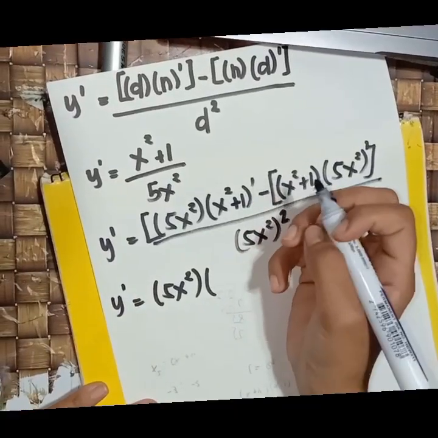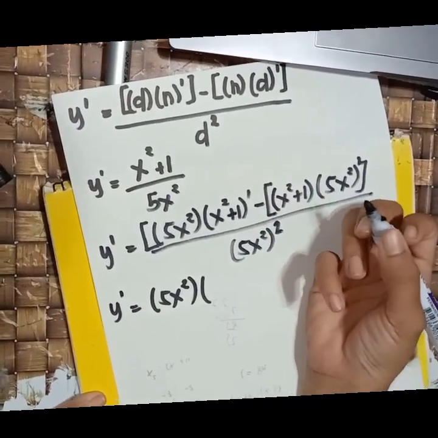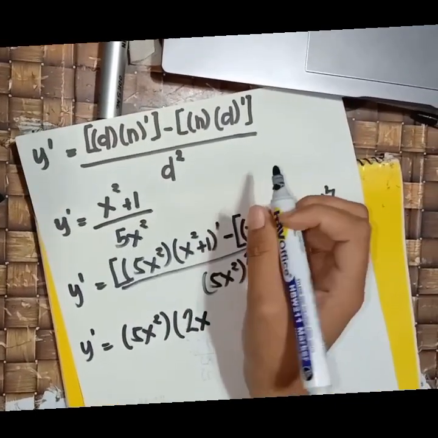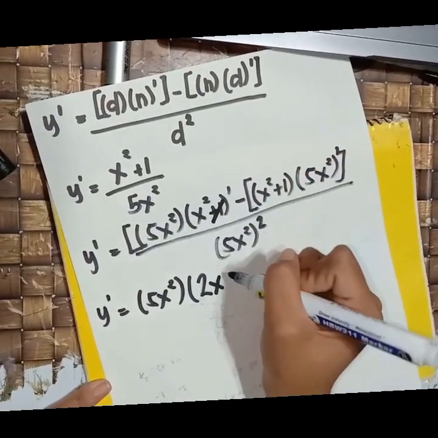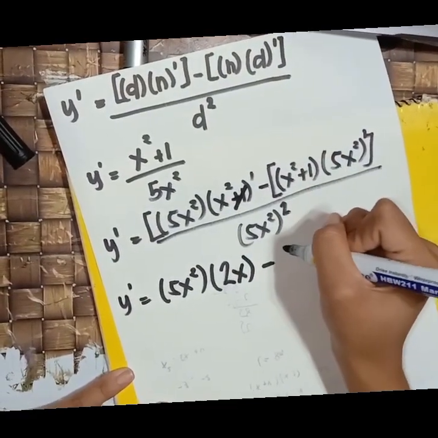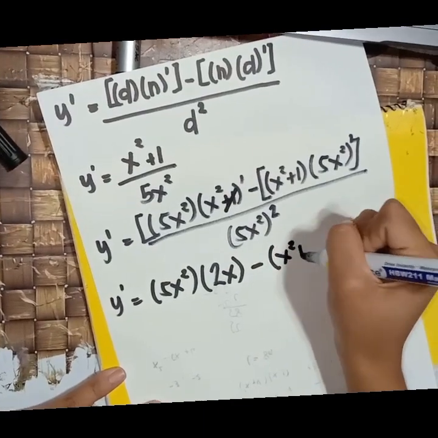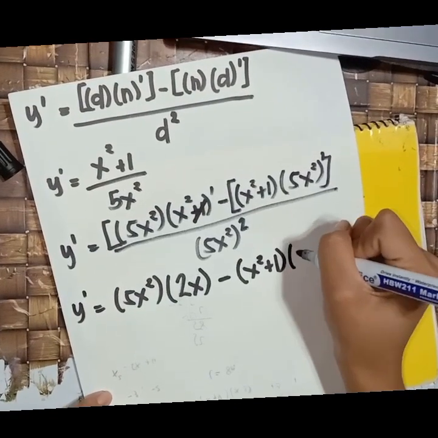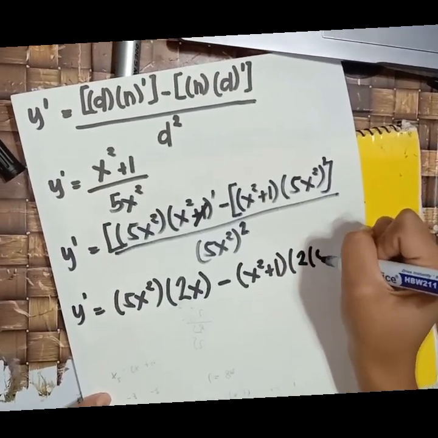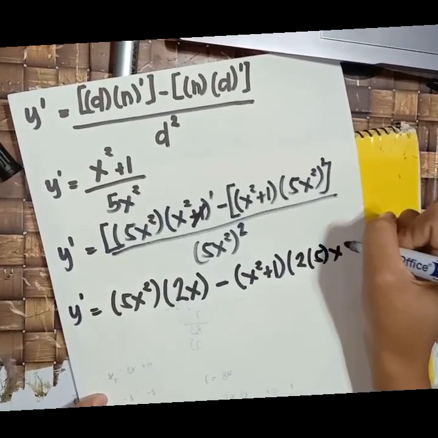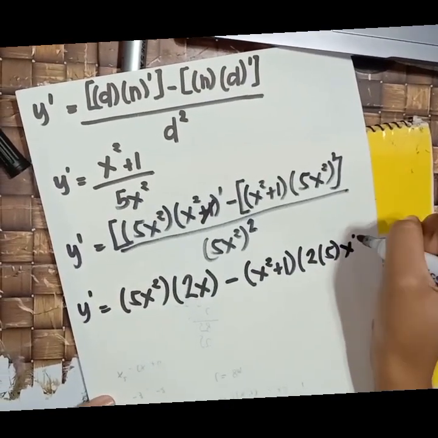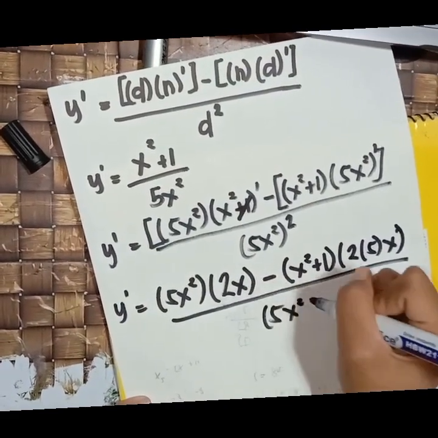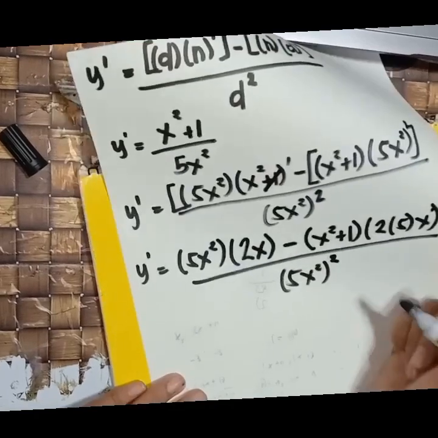So 5x squared, then find the derivative of x squared plus 1, which is 2x. Since 1 is a constant number, let's just disregard this. Less x squared plus 1, then the derivative of 5x squared, which is 2 times 5, then x raised to 1, or let's just say it's x, over 5x squared raised to 2.